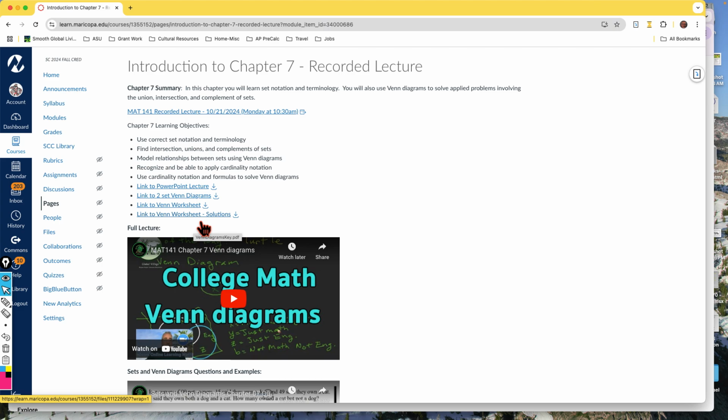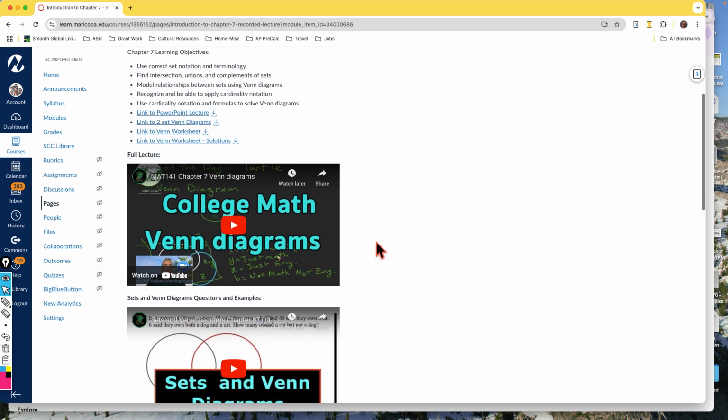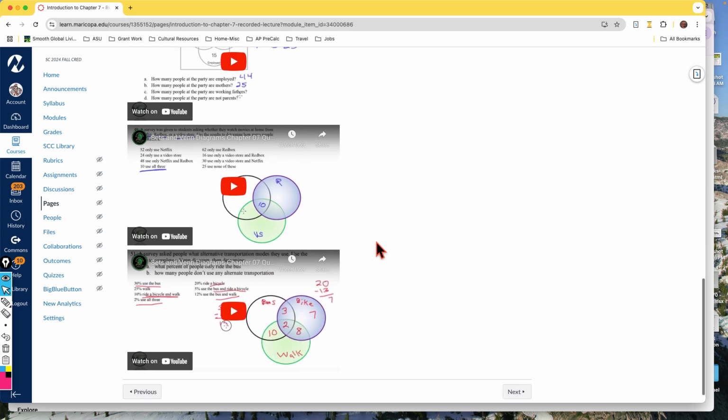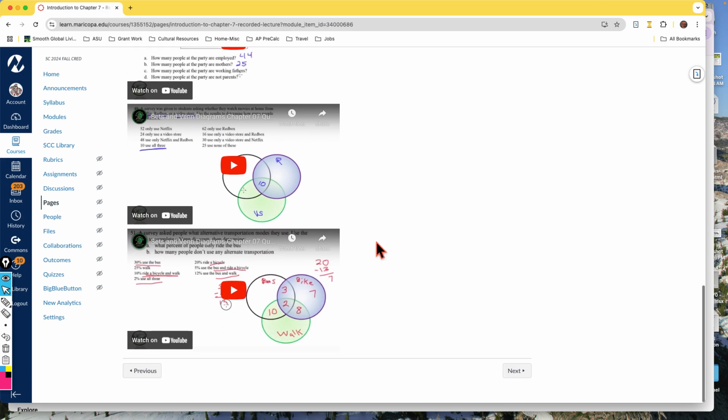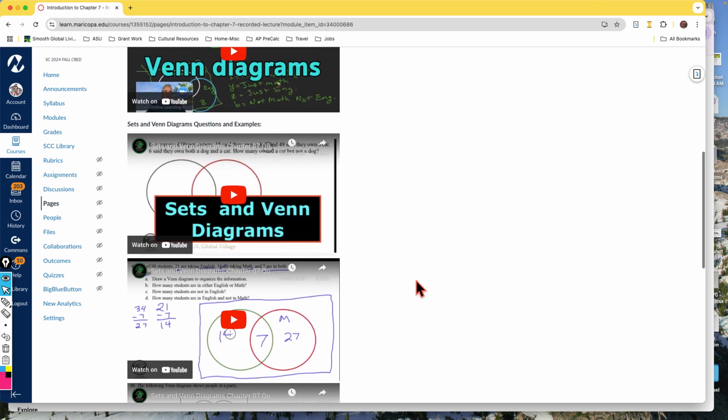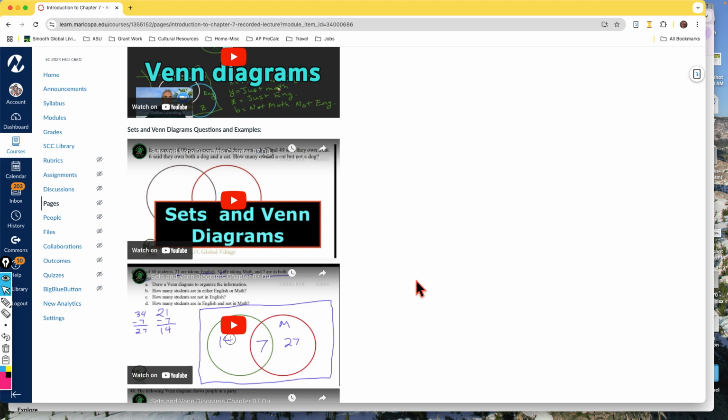But again, the goal is that you get some experience working with what Venn diagrams are, a little bit into logic, and we'll do that. There are videos here that are more specific that I've used. I don't know if I did these, I think I did. You can come back and look at these, but we will do some examples.